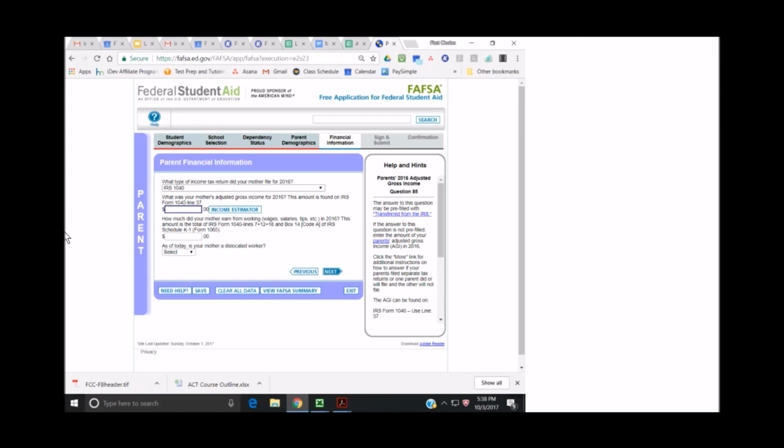So in the formula, if you were to ever build a spreadsheet to do an estimate of the EFC, which I do every year, you would see that this income earned from work question is not used for determining your expected family contribution. Instead, it's determining an allowance against your income, one of the few allowances they give you.